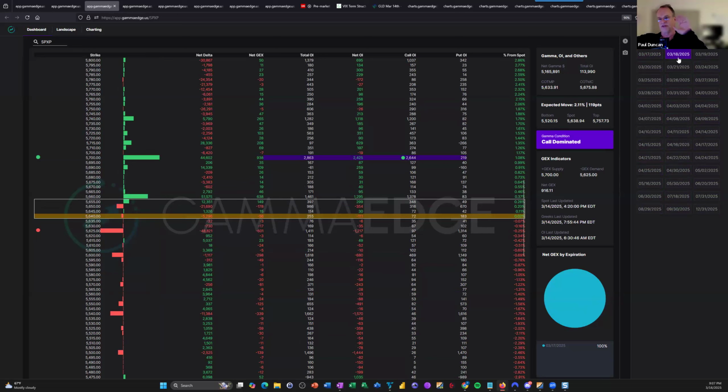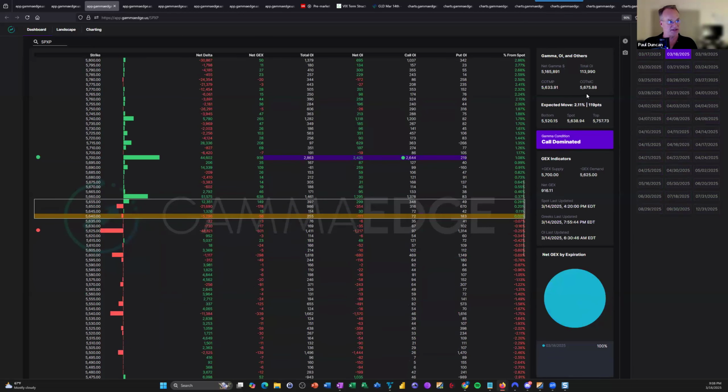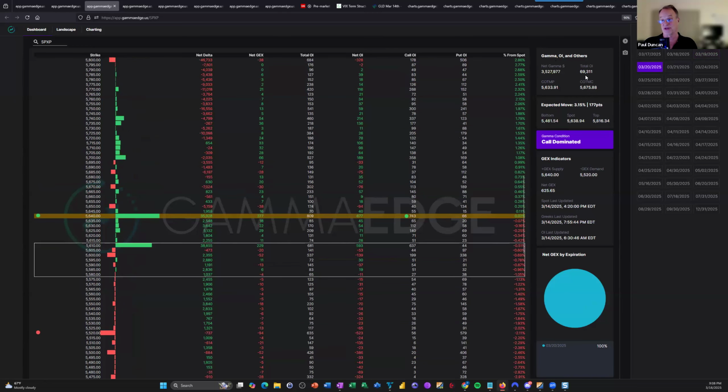Wednesday falls in, and then Tuesday and Thursday is a coin toss, depending on if Mr. IC Man is back on the table or not. But if we take a look at, say, the 18th, 113,000. We go to Wednesday, 100,000. 69,000 for Thursday, the day before the monthly. One week out, because this is Friday morning's data, we only have 69,000 contracts for a Thursday SPX PM contract expiry.